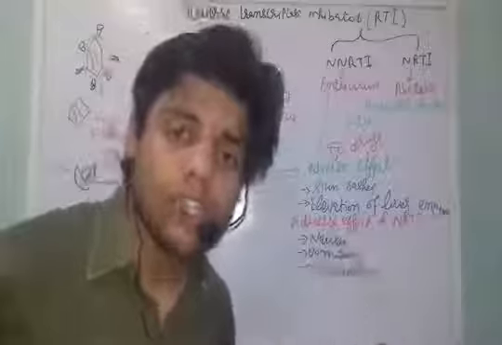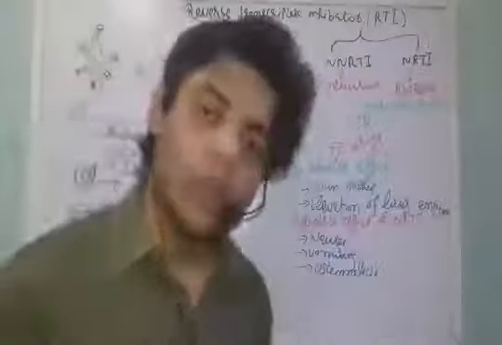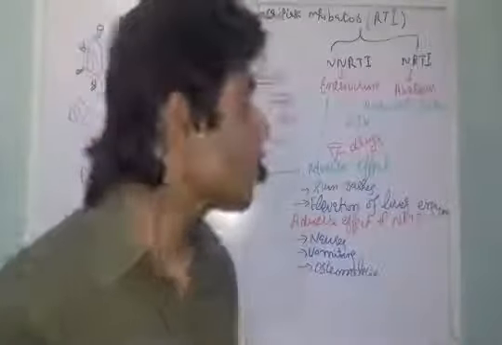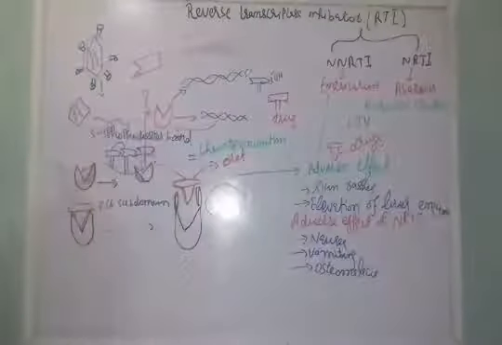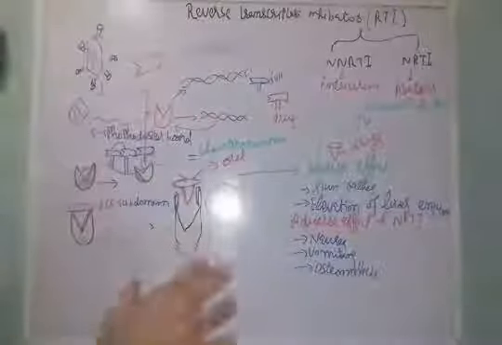Due to the deficiency of calcium or vitamin D, osteomalacia will occur, meaning the bone will be soft. So this is the reverse transcriptase inhibitor drugs: the mechanism of action, resistance, and everything.